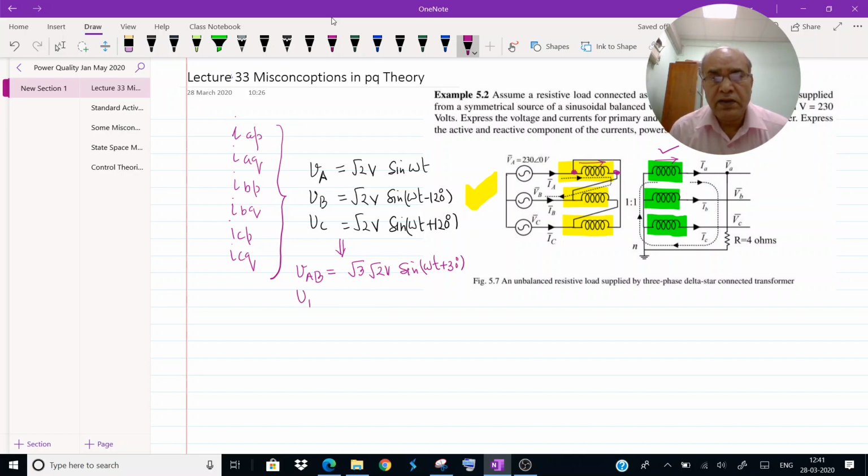Similarly, you will get VBC as root 3 root 2 V sine omega t minus 90 degree, a shift of minus 120 degree, and VCA equal to root 3 root 2 V sine omega t plus 120 of this, so plus 150 degree.